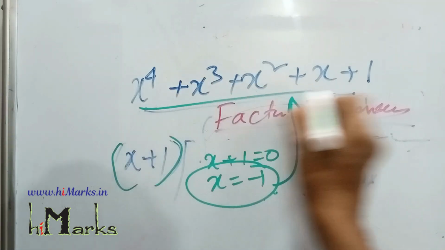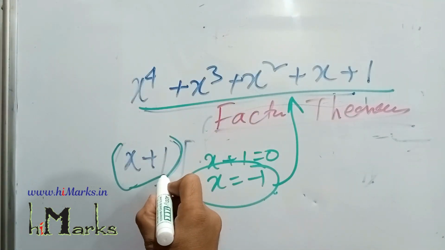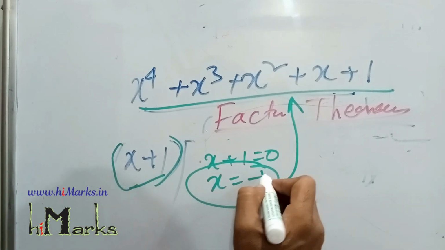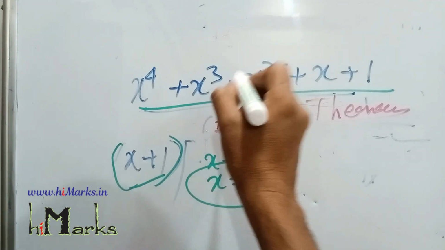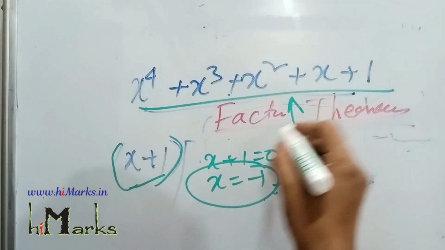If the total expression becomes 0, then that is a factor. So again, x plus 1 is a factor means you put x equal to minus 1 in this equation, check it, and if the total expression becomes 0, then that is a factor.